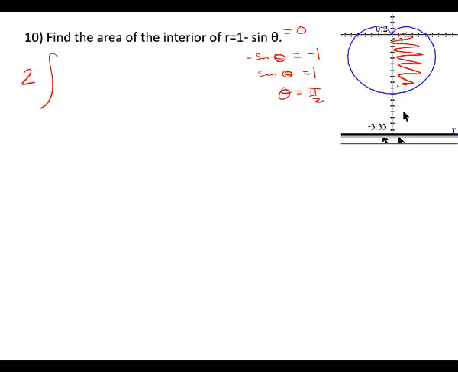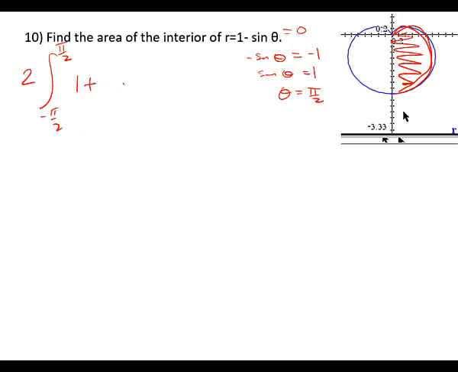But in order to get this chunk of it here, if I just use the graph to find my limits, I would go from negative pi over 2 to pi over 2. And remember, you want it to be a continuous radian measure when you're integrating. That's why we didn't use 3 pi over 2. All right, and then I'm just going to go ahead and integrate this guy the way it looks.